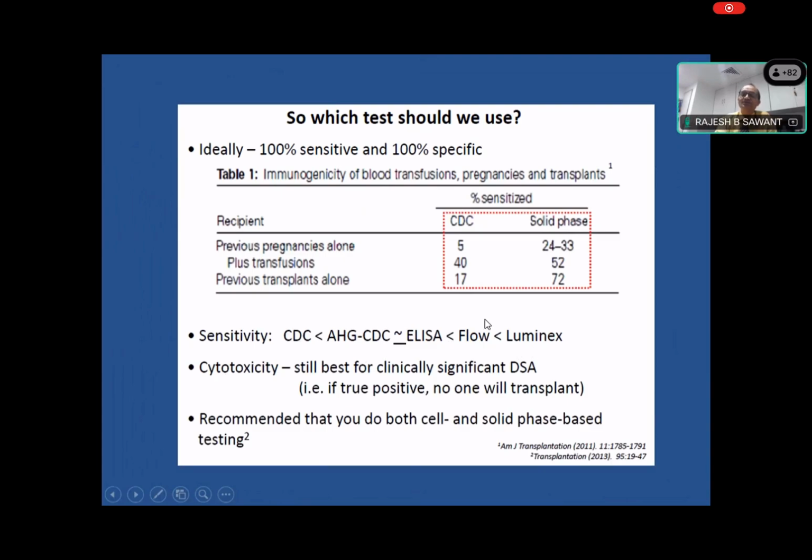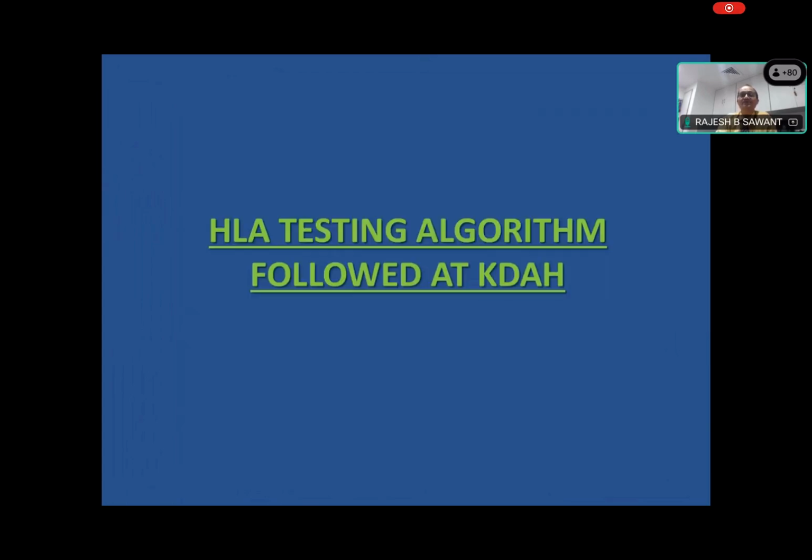So you can use a combination of these. Either CDC and flow or CDC and Luminex based cross match is what most centers use for antibody identification or detection first. And for cytotoxicity, it is still best for clinically significant donor specific antibodies. So as I said, it is the mandatory test that is still followed, right?